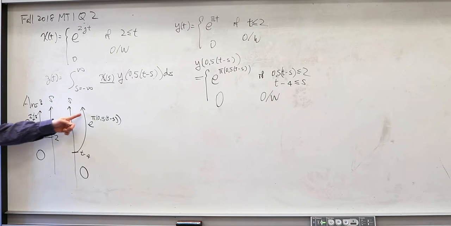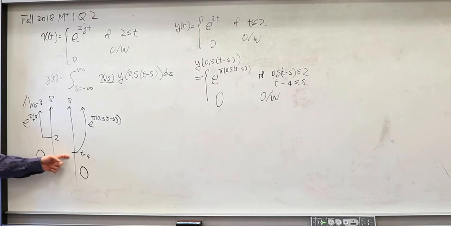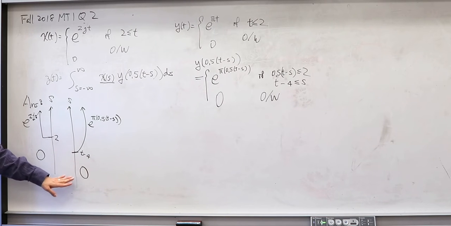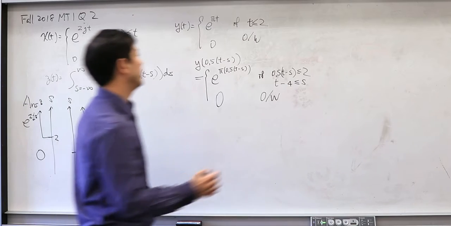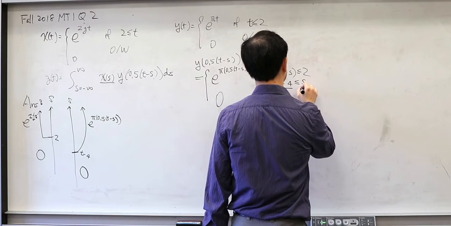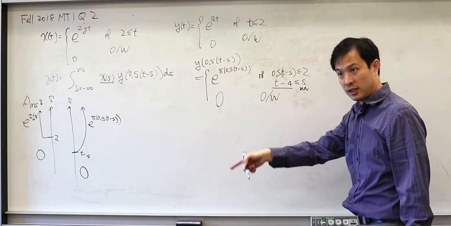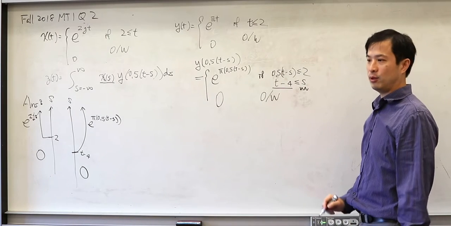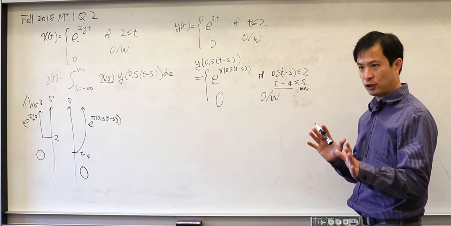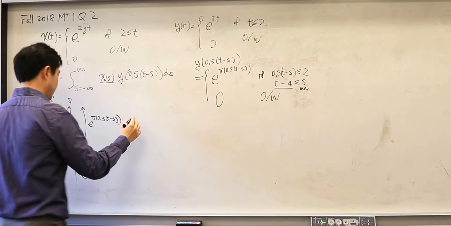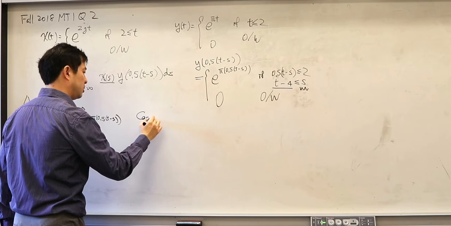So whenever s is larger than t minus 4, I get something that is non-zero. When s is less than t minus 4, I get 0. It's very important: you are now comparing s to another number. So s is the vertical axis we are looking at, s versus another number. So far, so good? This is actually the hardest part. Once you get that, I believe the rest is much easier.